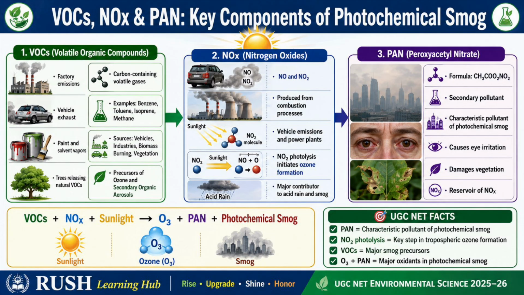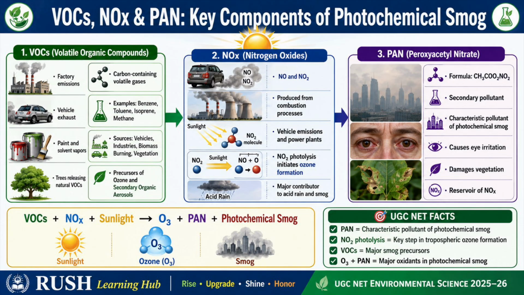One unique characteristic of PAN is its ability to act as a reservoir for nitrogen oxides. It can transport reactive nitrogen compounds over long distances and release them later under favorable atmospheric conditions. This allows smog-related pollutants to spread far away from their original source regions. PAN is also highly toxic to vegetation.